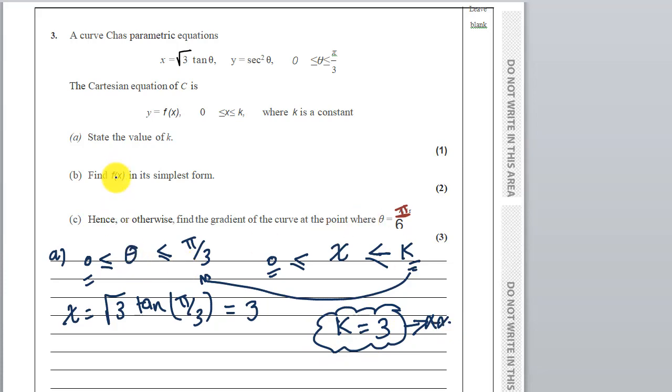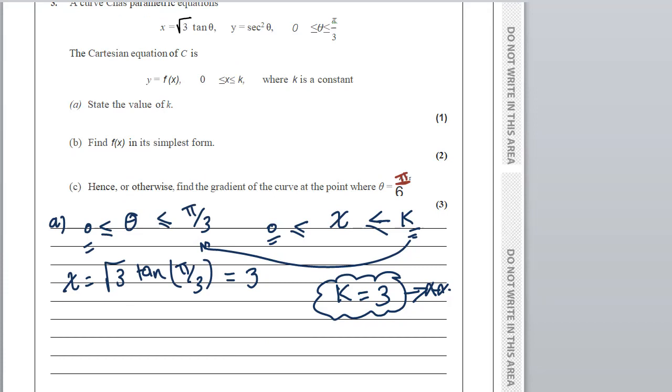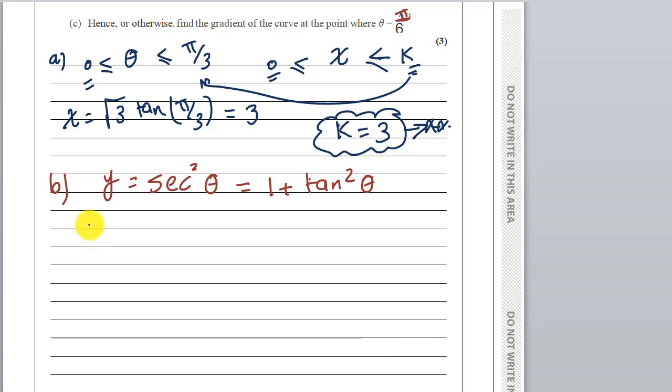Now find f of x in its simplest form. So we need f of x. So this is part B. Now y equal to sec squared theta, and we know that sec squared theta is 1 plus tan squared theta. And x is equal to square root of 3 tan theta.